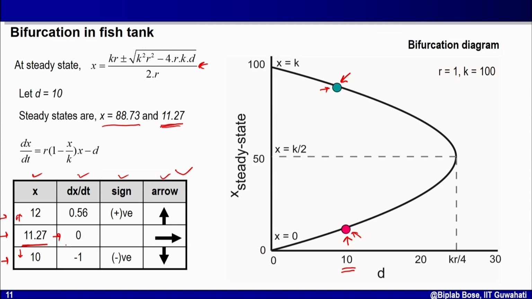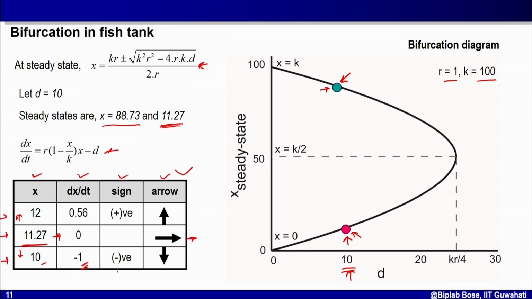For 11.27, obviously the dx dt is equal to 0, you can calculate it. So the arrow is horizontal. Whereas if I take x slightly lesser, 10, then dx dt is minus 1. You can put the value x equal to 10 in this ODE with r equal to 1, k equal to 100, and d equal to 10, and you will get dx dt equal to minus 1.